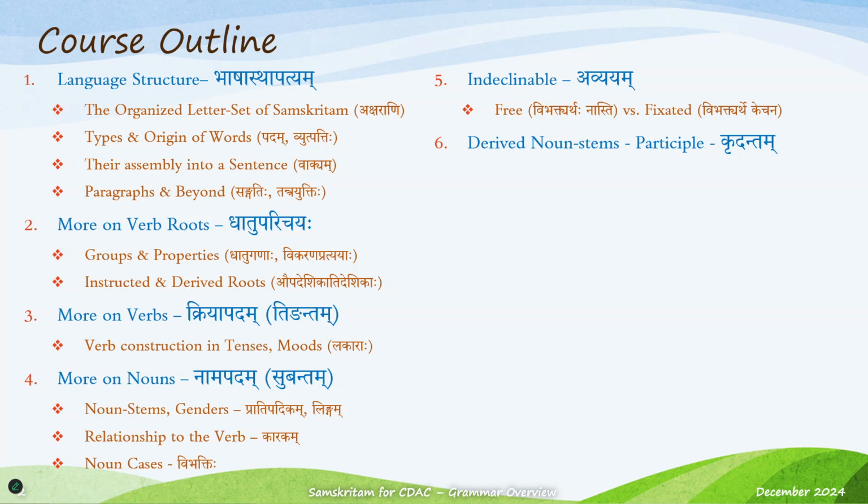Those noun stems are derived from dhatus using a participle affix called kridanta. We will look at that. It's a huge class. Kridanta is a common name for 100 odd such suffixes. So we'll see some popular ones for sure. Some important varieties of the participles with udaharanas we will see, because we can't go into the technical Paninian world yet.